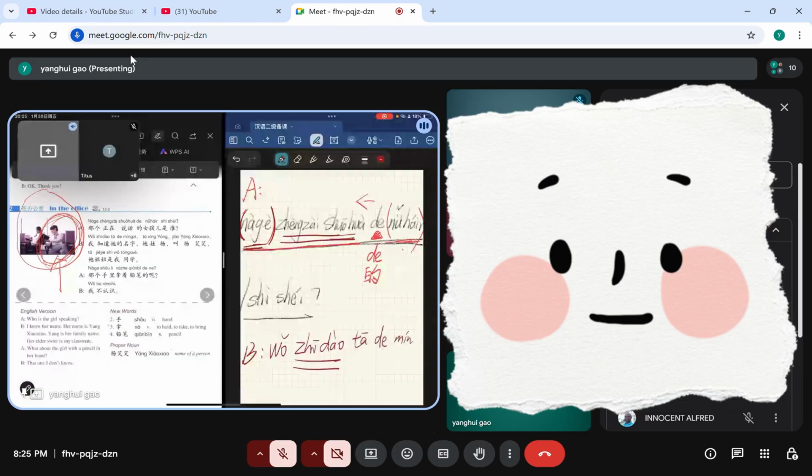Her name, 她的名字, 名字 is the name. I know her name, 我知道她的名字. So here it's subject, verb, object, 主谓宾. So just follow this form.